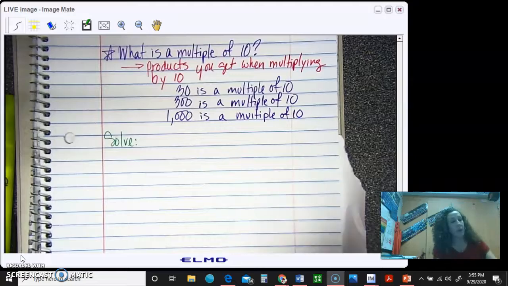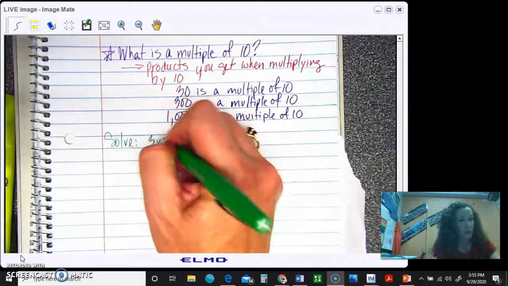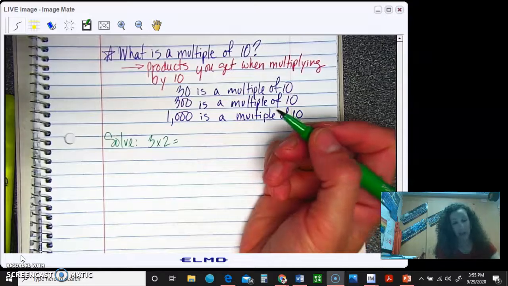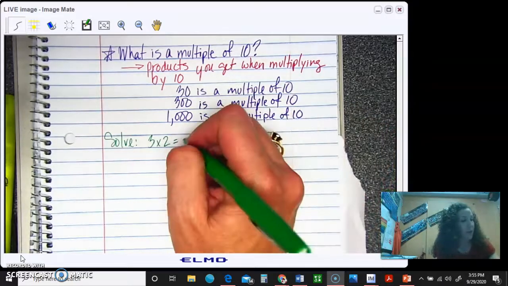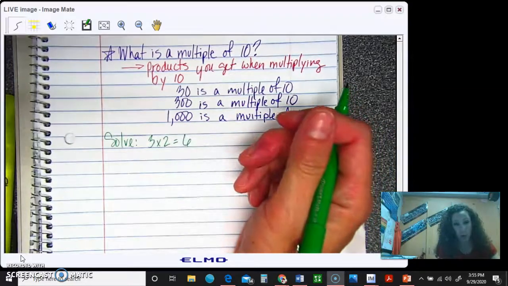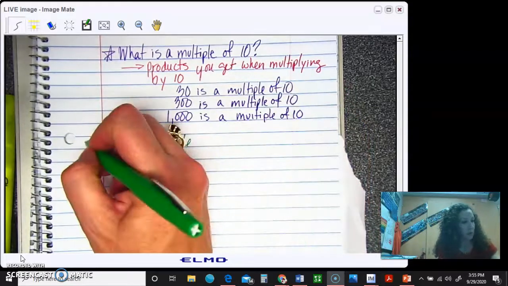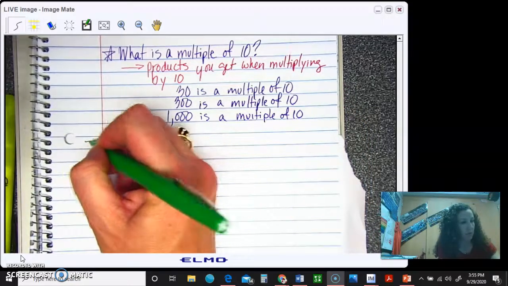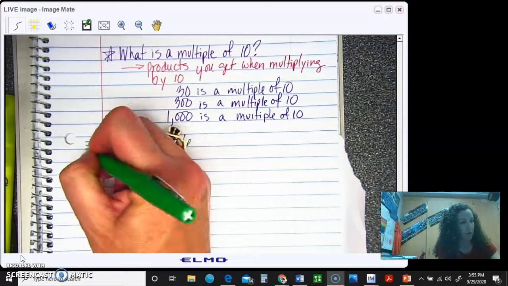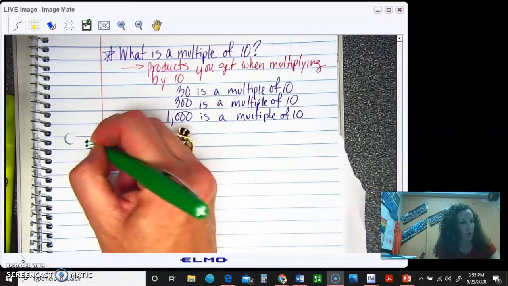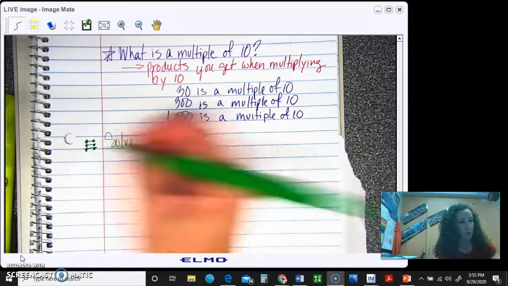Okay, so we're going to take a look at solving some stuff here, just some examples. Okay, so we know this one, basic, easy. You start learning this basic one at the end of 2nd grade because you're starting with arrays, right? So if you have 3 rows and you have 2 in each, what do you have?